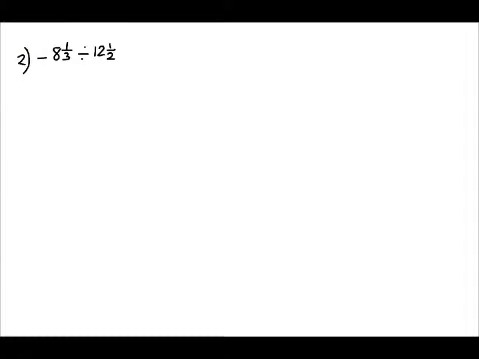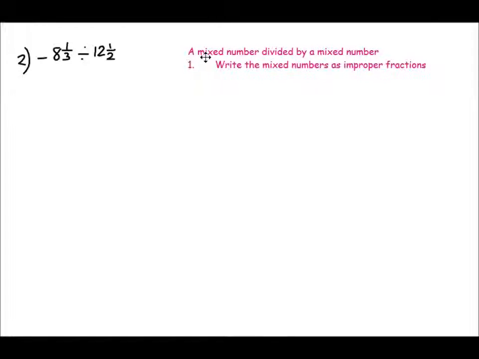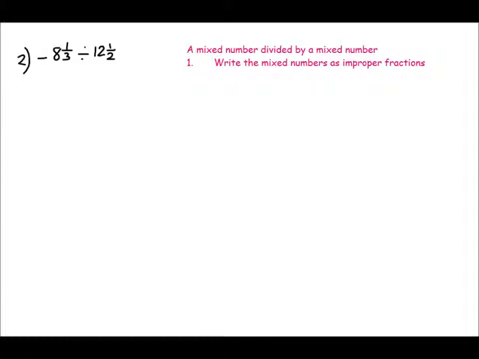Right, let's have a look. We've got a mixed number divided by a mixed number. Again, the first thing we do is put everything in fraction form. Remember we said 3 times 8 is 24 plus 1 is 25. If I had a negative mixed number, it's going to be a negative improper fraction.